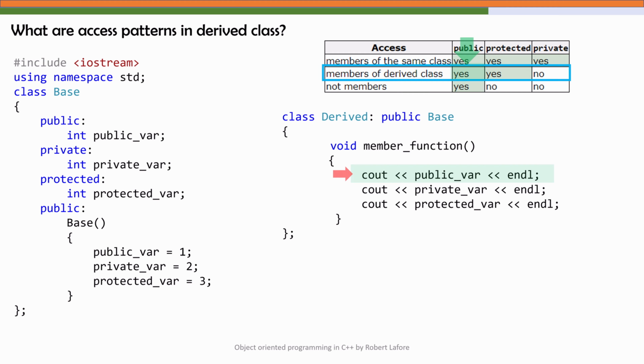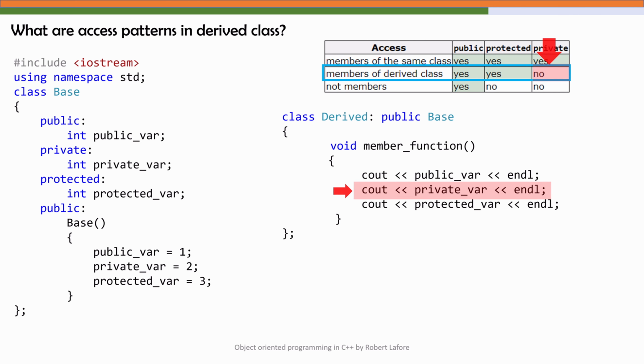The first line in member_function prints public_var. This is allowed because public members of the base class remain public in the derived class as long as inheritance is public. The next line tries to print private_var. Notice here that this is not allowed because private members of the base class are not accessible in any derived class, regardless of the inheritance type.